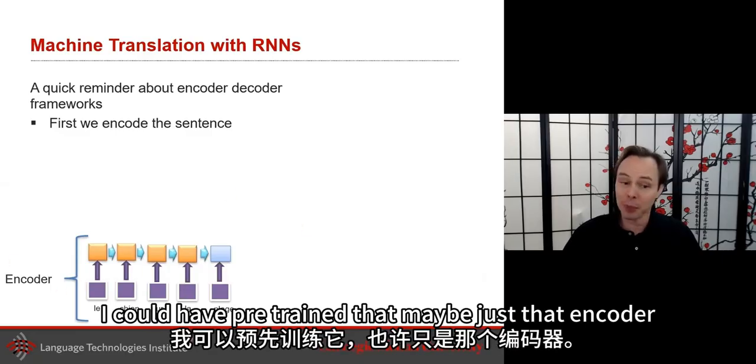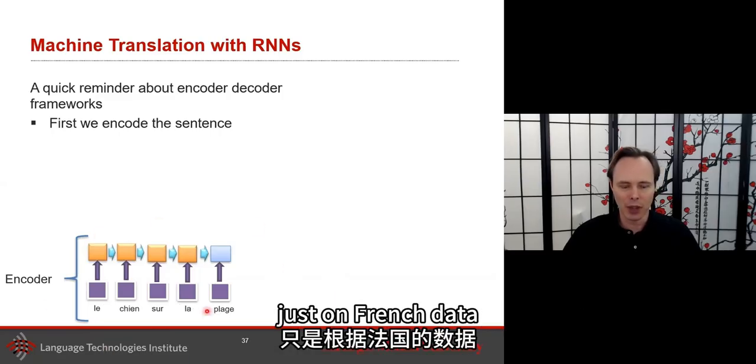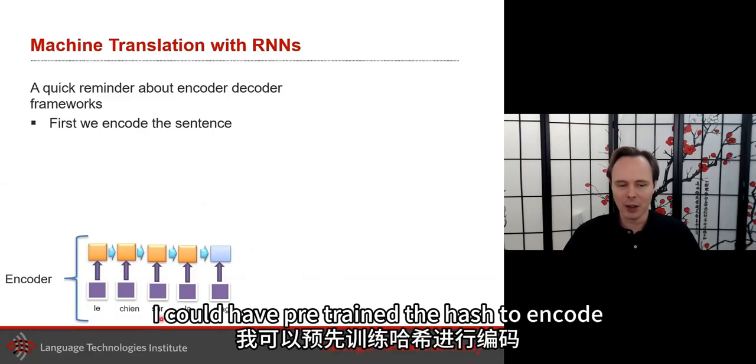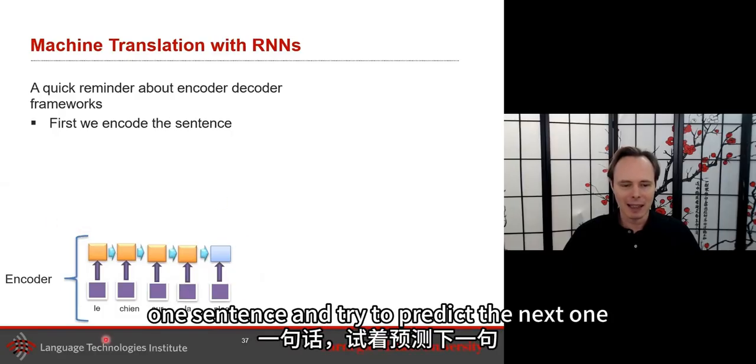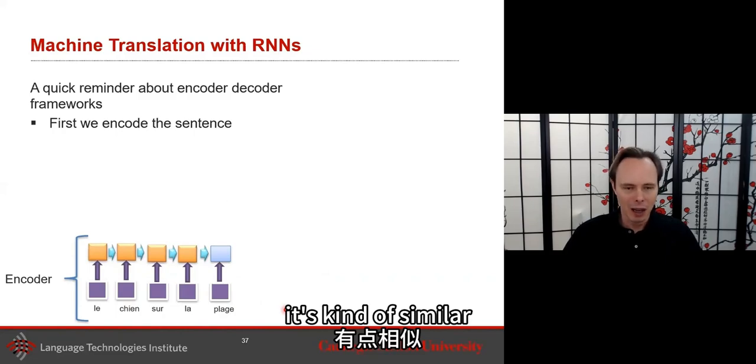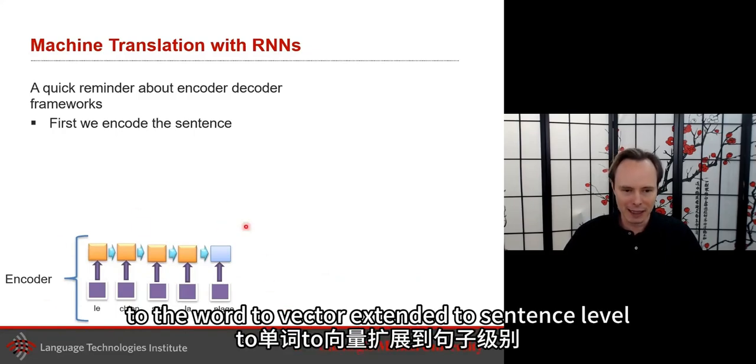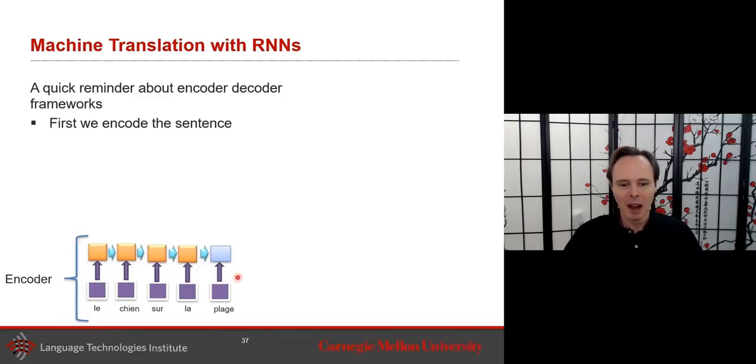I could have pre-trained just that encoder on French data. I could have pre-trained how to encode maybe by taking one sentence and trying to predict the next one. It's kind of similar to word2vec extended to sentence level.